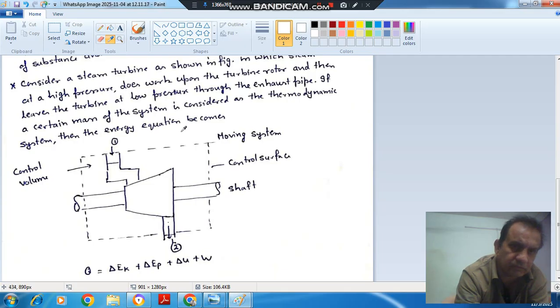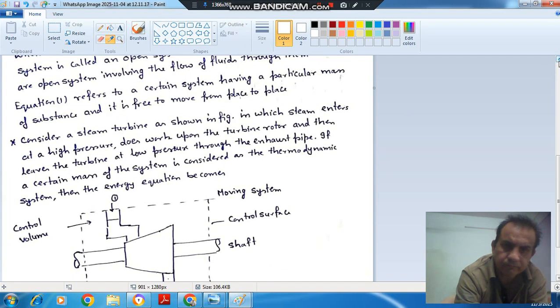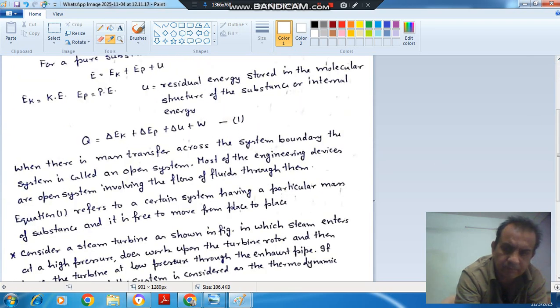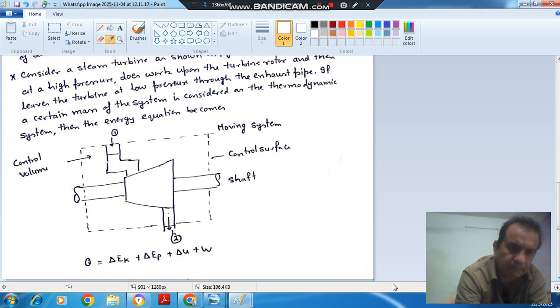I am reading this: consider a steam turbine as shown in the figure, in which steam enters at high pressure, does work upon the turbine rotor, and then leaves the turbine at low pressure through the exhaust pipe. If a certain mass of the system is considered as the thermodynamic system, then the energy equation becomes the same as this: Q is equal to del Ek plus del Ep plus del U plus W.